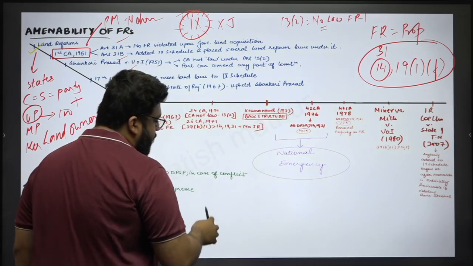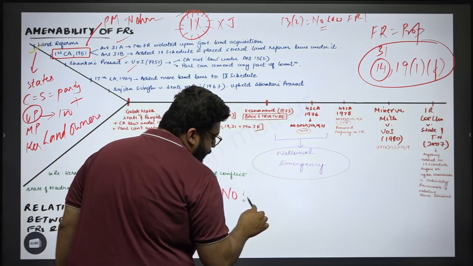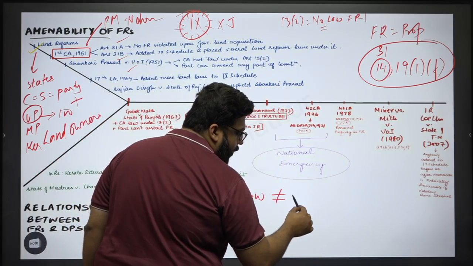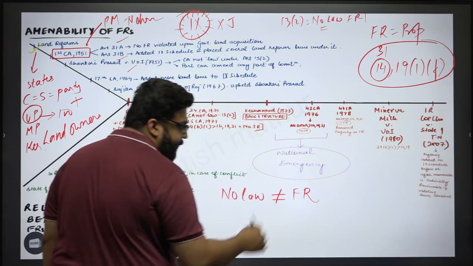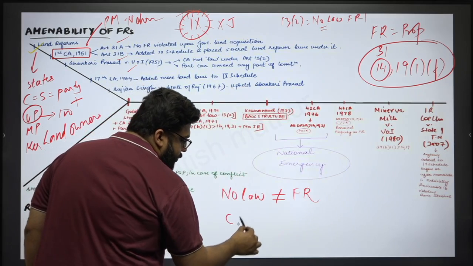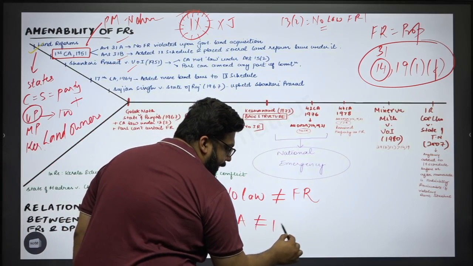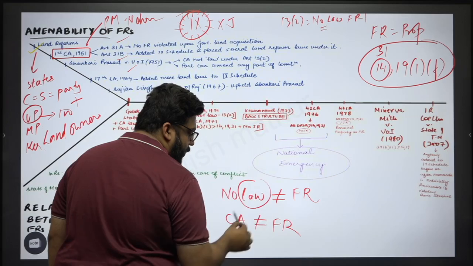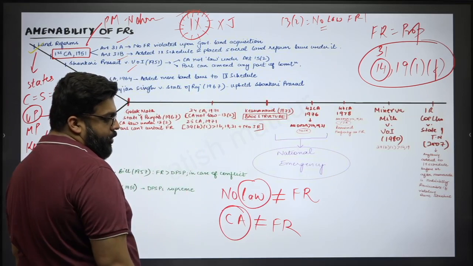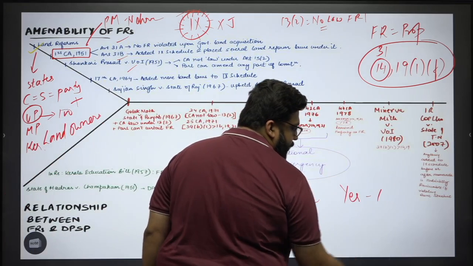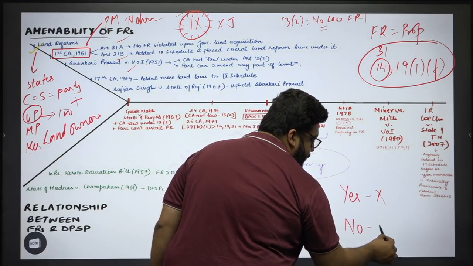Because the basic discussion was, no law can violate a fundamental right. Through the constitutional amendment, through the first amendment, you have violated a fundamental right. So is law inclusive of the same thing as a constitutional amendment? If yes, then you can't do it. If no, then you can do it.